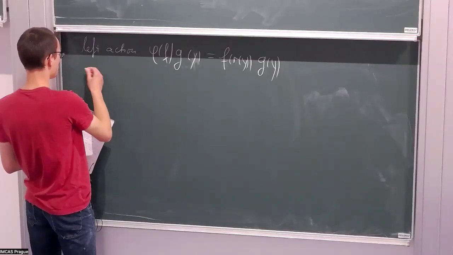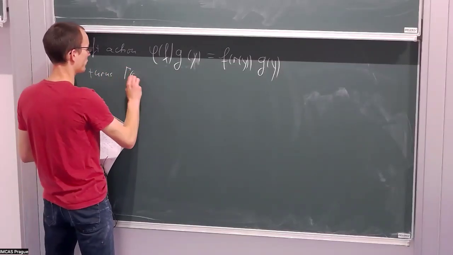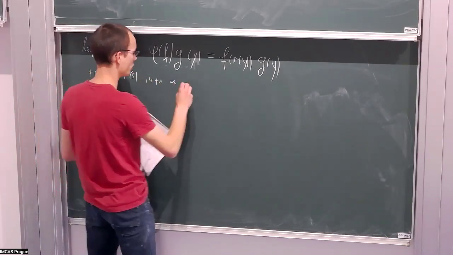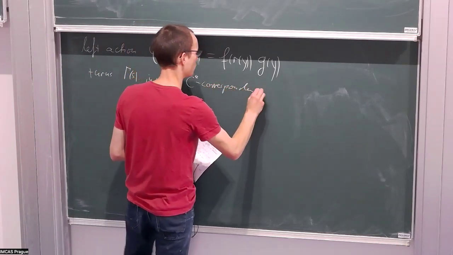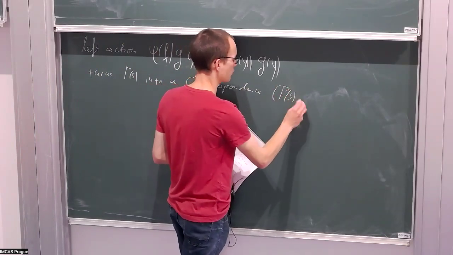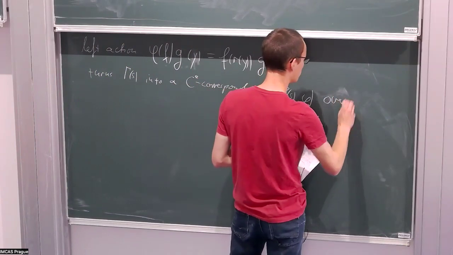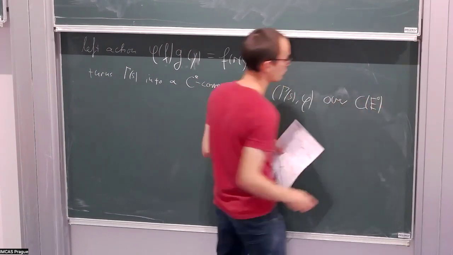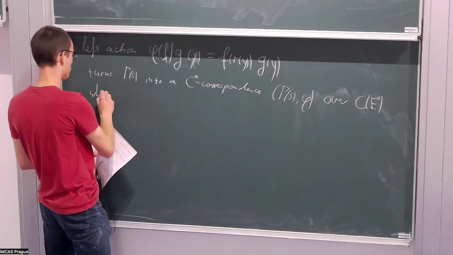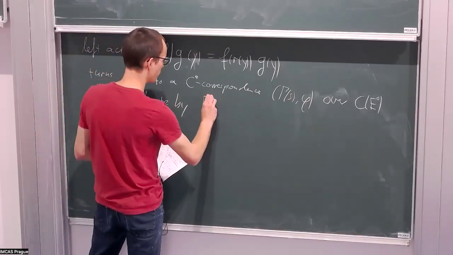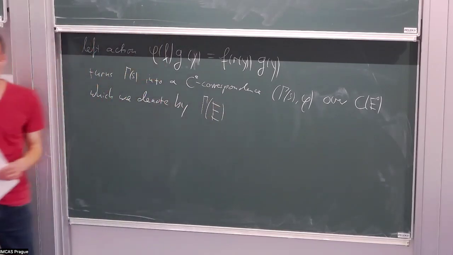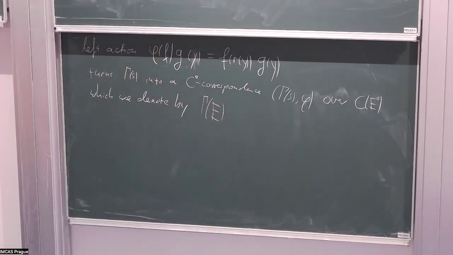And this turns gamma of S into a C-star correspondence over C of E0. And we will write gamma of E for the C-star correspondence. So this is how you use this range map.